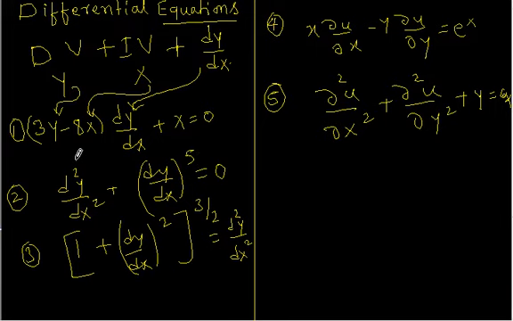In the first example, we can see a first order derivative. In the second example, we can see a second order derivative, and the power of dy over dx is 5. In the third differential equation, the highest order is 2, meaning the function y is equal to f of x is differentiated 2 times here.